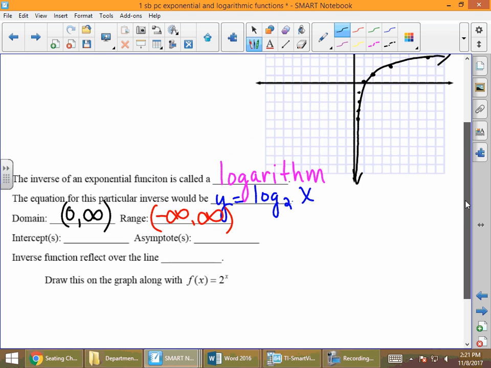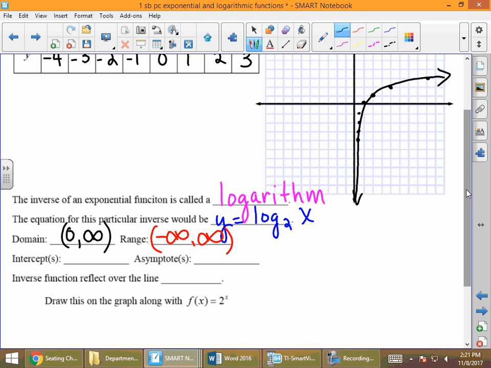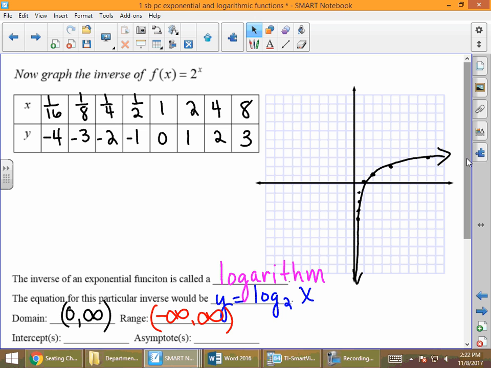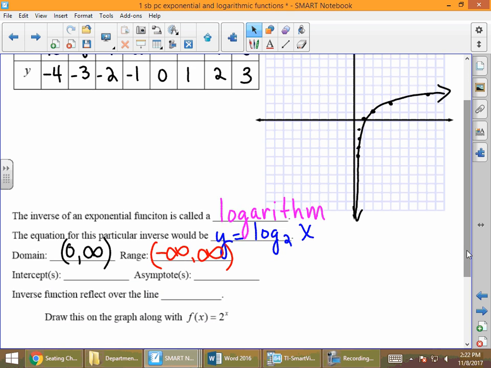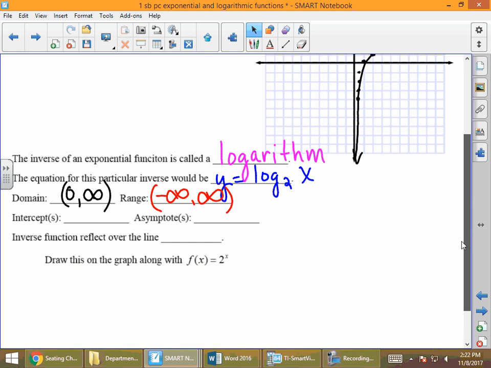But what are the intercepts? What's the x-intercept of this graph? Because do we have a y? We're never going to touch the y-axis because our domain goes from the y-axis to the right, but we never quite touch the y-axis. So we don't have a y-intercept. We have an x-intercept, and that is our (1, 0).